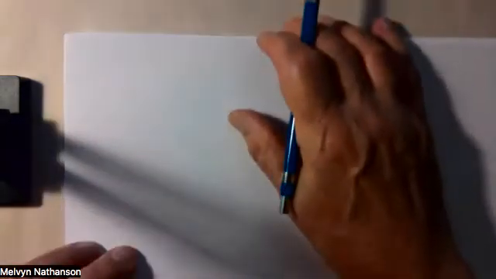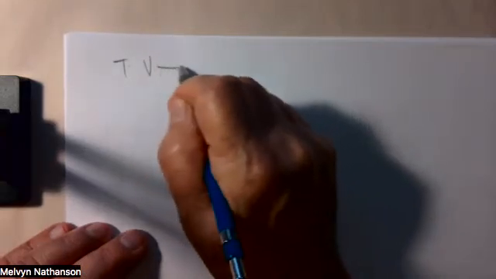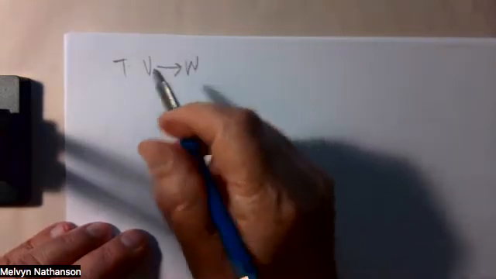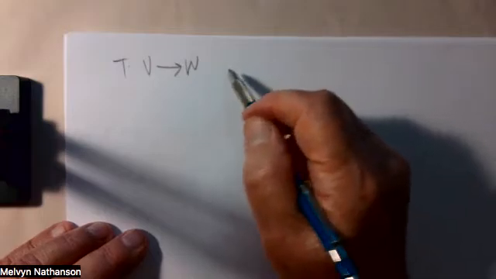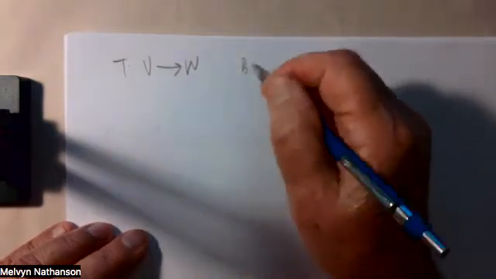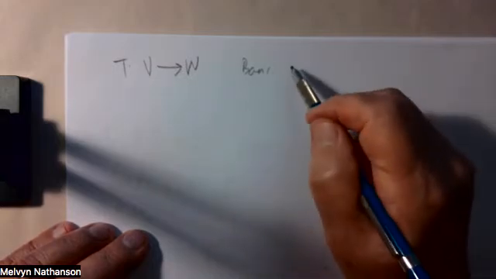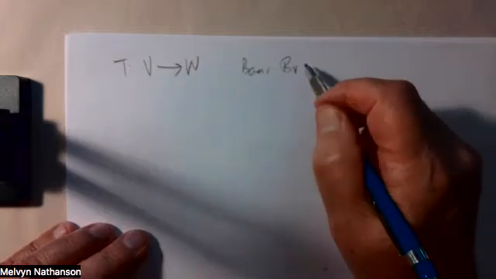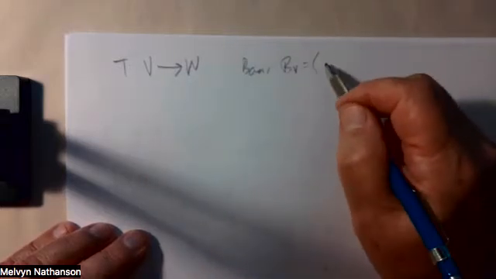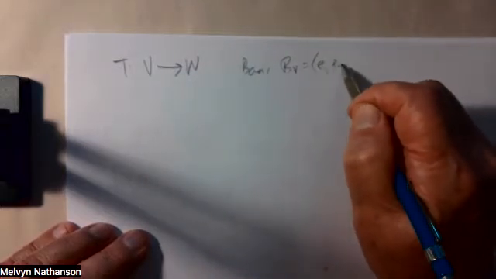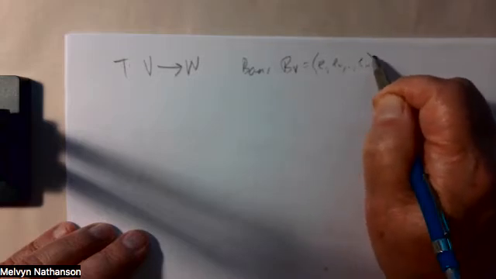Let me just explain what's going on in case this isn't clear, just in general. You have a linear transformation from a vector space V to W, and you have a basis, let's say B sub V is a basis for the vector space V. So let's say it consists of the vectors E1, E2, up to E sub n.